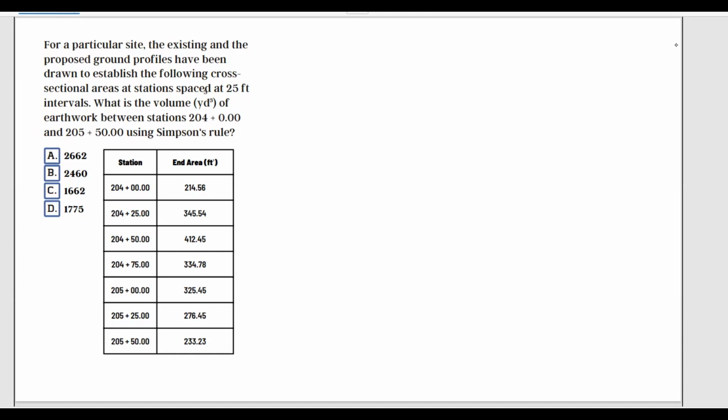In this problem, we are told to use Simpson's rule to calculate the volume, and the thought process is exactly the same. So I'm going to add here, this is area number 1, 2, 3, 4, A5, A6, A7.